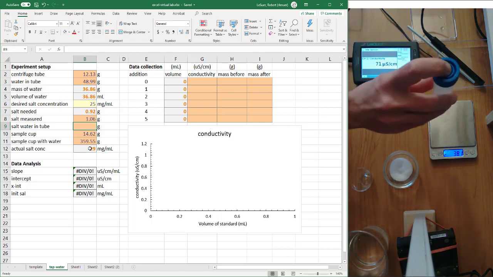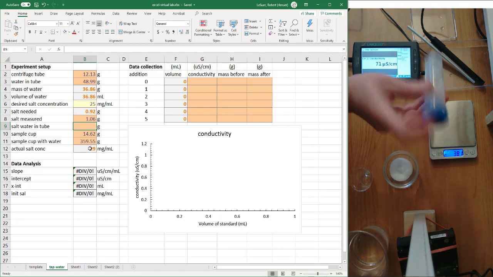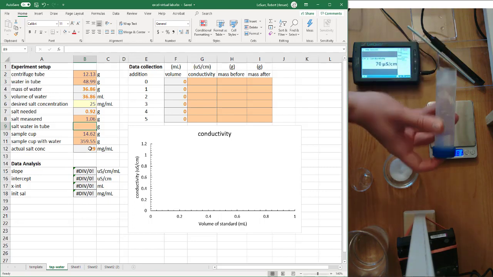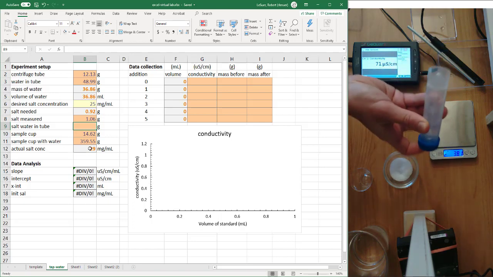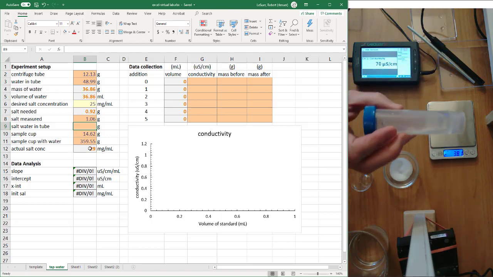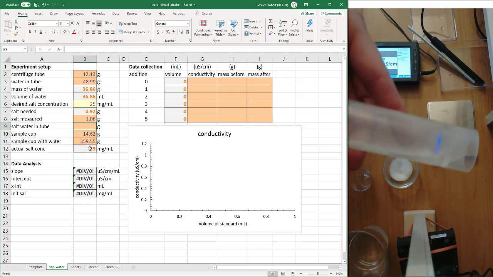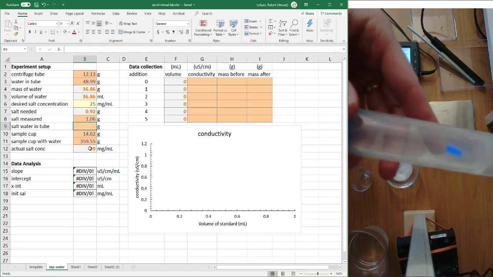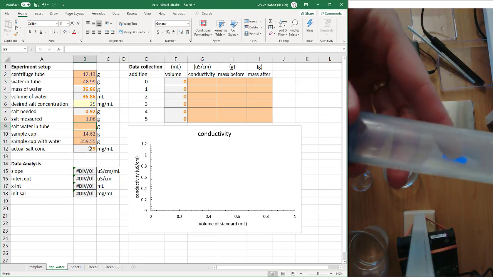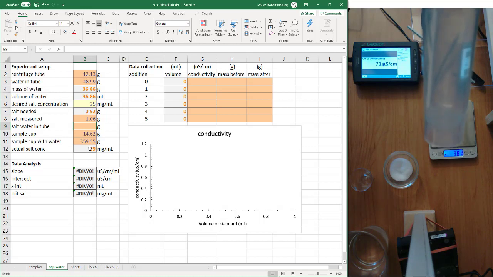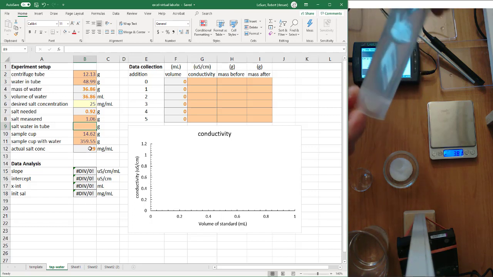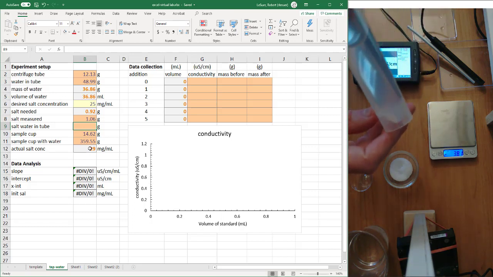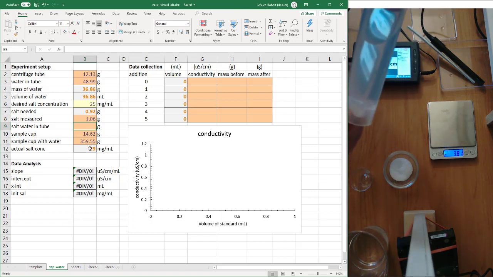Fair amount of shaking. If we take a look, it may be a little hard to see through a cloudy plastic, but I can see that this salt is a little bit cloudy.